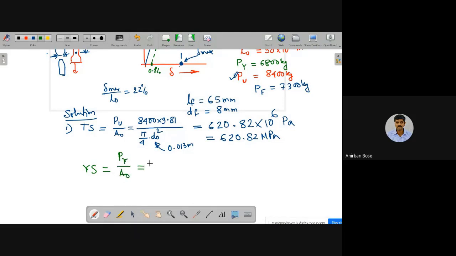Do the calculation, and as you can see, this value is 6800 into 9.81, so that it is converted into Newton. And remember, D0 is 0.013 in meter. So Newton per meter square. So it will be in Pascal.